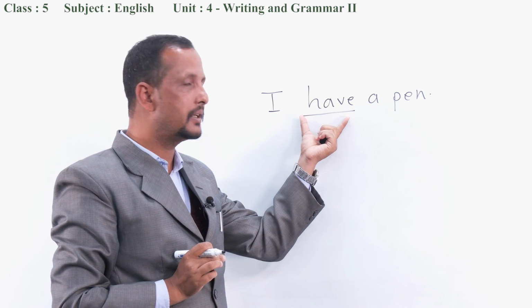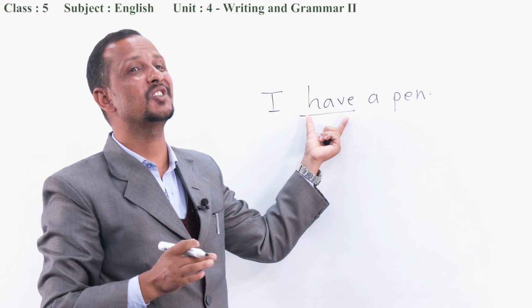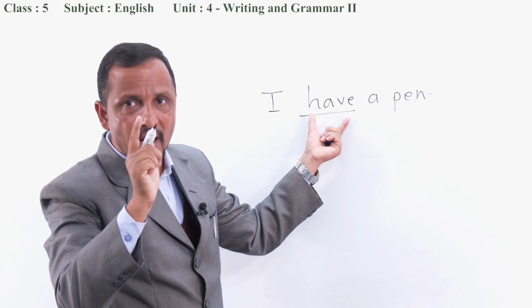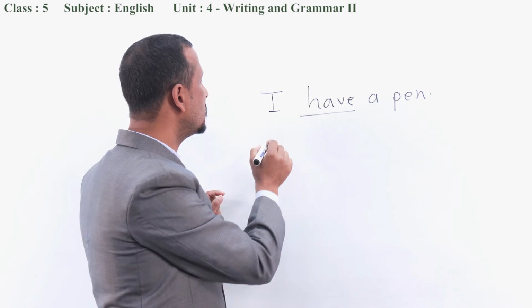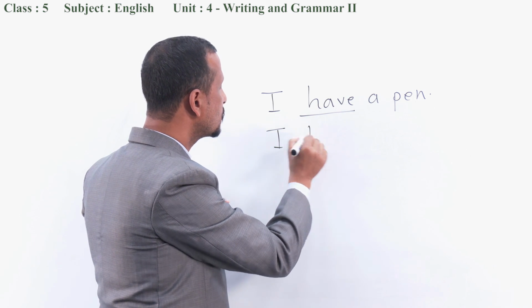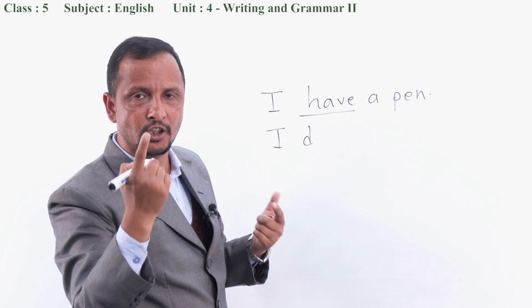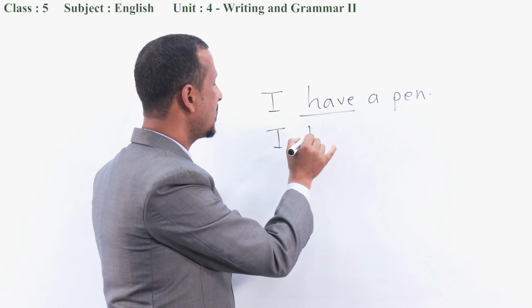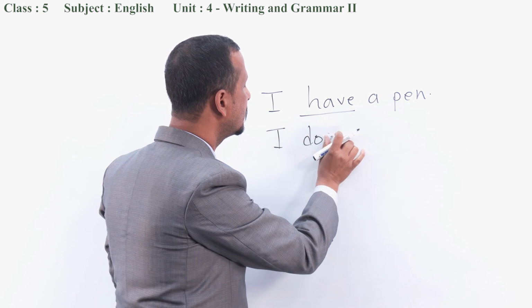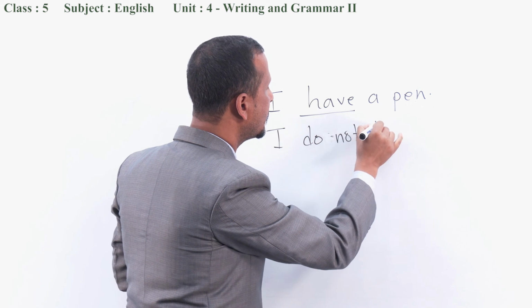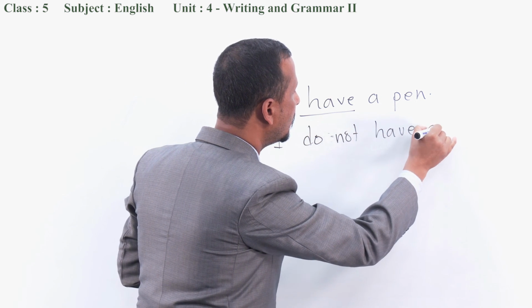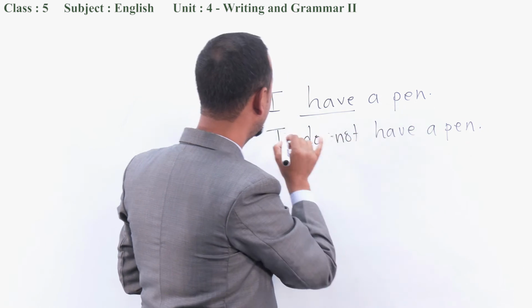So this is present form. Particularly we know verb 1. If it is so, we have to use do form. Verb 1, do form. Verb 5, does form, we already discussed. I do not have a pen.